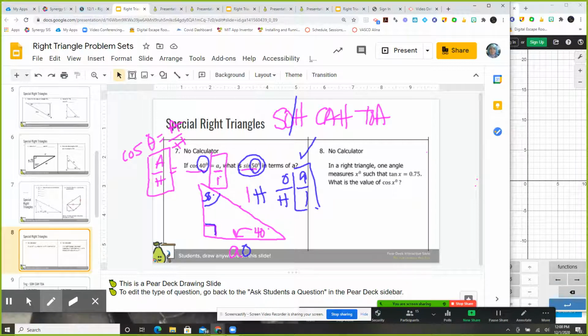So in the next one, because I don't want anybody to really break their brain, we're going to do the exact same thing. There's no picture, so we're going to start by drawing one. We're using sine, cosine, and tangent, so we know we need right angles. So that makes our life easier.